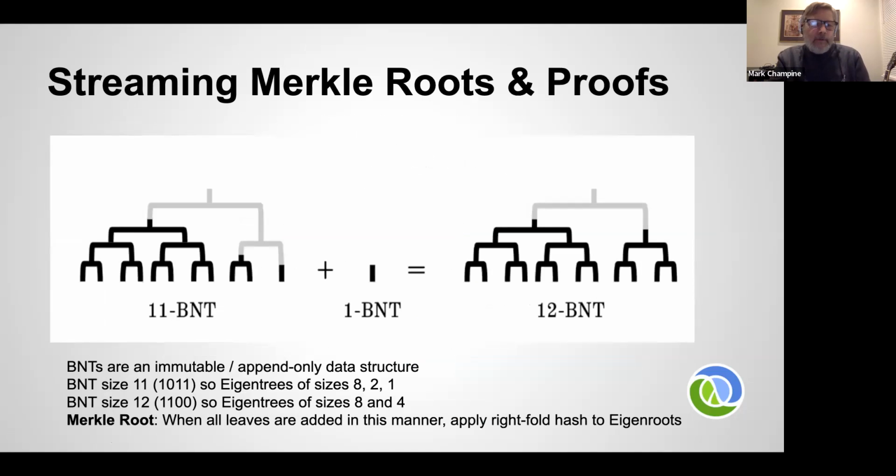So here's an example. Say we have 11 leaves that we're going to create a root for. So look at the bit pattern of the number 11, right? 1 0 1 1.